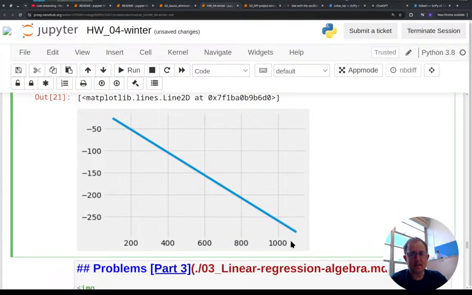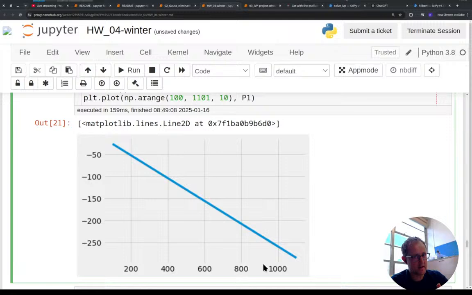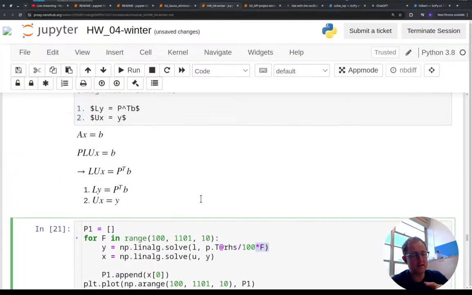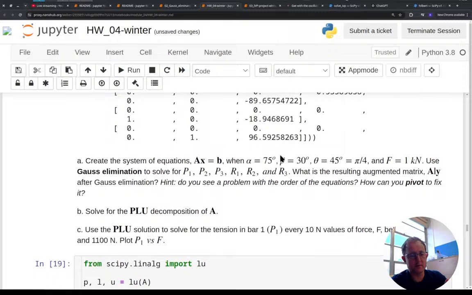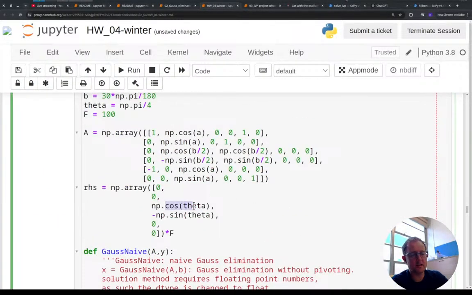The main thing is that if it's a linear algebra problem and I'm multiplying by a scalar, it's got to be a straight line answer. If I was changing the angle theta, then that would be a little different, because now we're talking about sine and cosine inside that right-hand side vector.